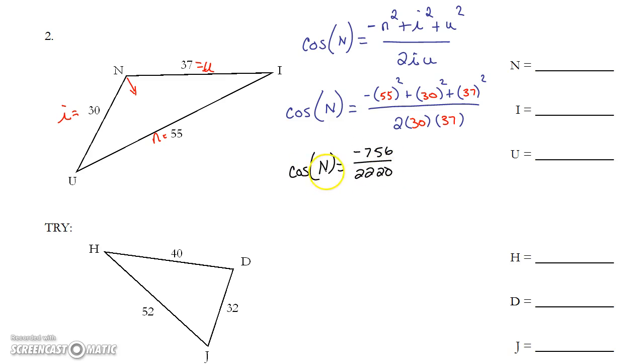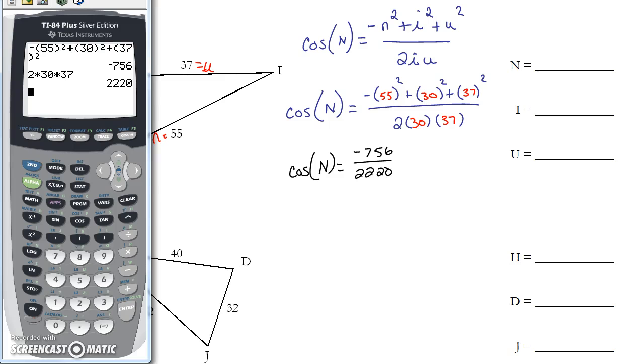This should look familiar. This is an inverse cosine function now. The last step would be to take the inverse cosine of that fraction. So second cosine negative 756 divided by 2,220. Close my parentheses. I get an angle measure of 109.9, which to the nearest degree is 110 degrees.